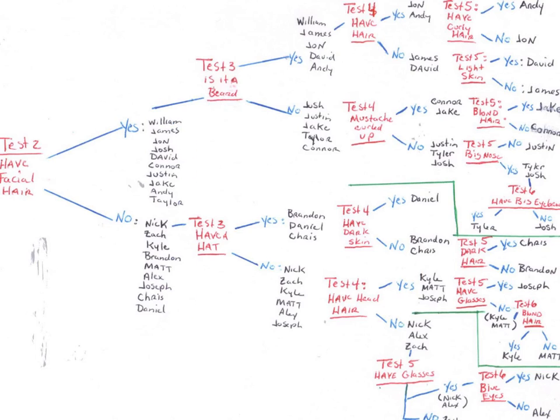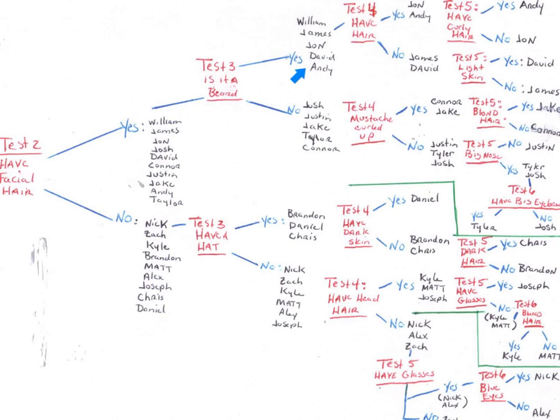We could look at, does the person have facial hair? We divided them in half. Yes, they do, and no, they don't. If the person does have facial hair, all of these individuals are discarded. We'll then take these individuals and see how we can divide them in half. Is that facial hair a beard?